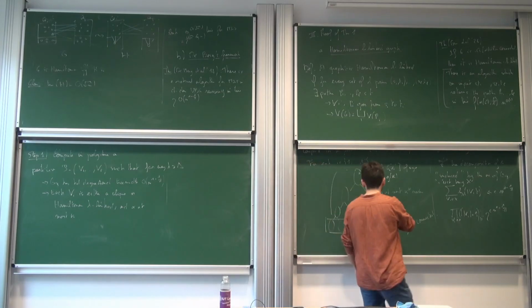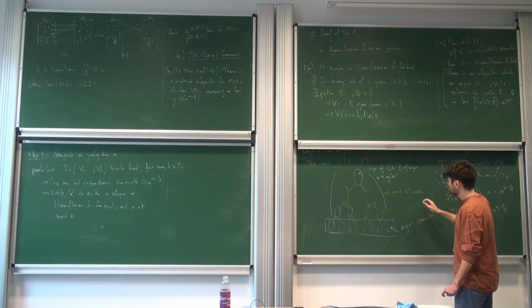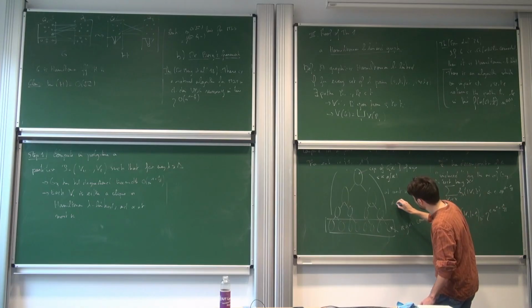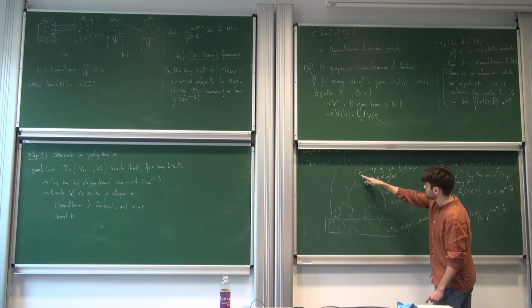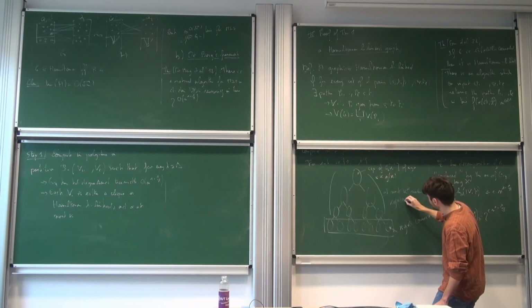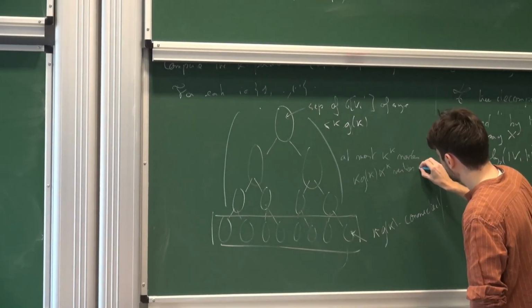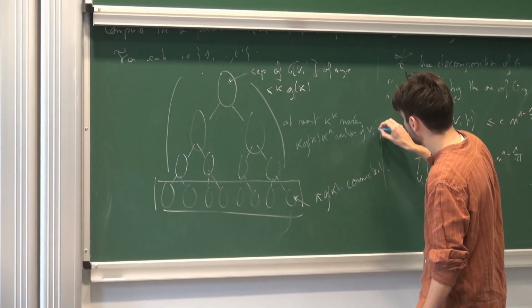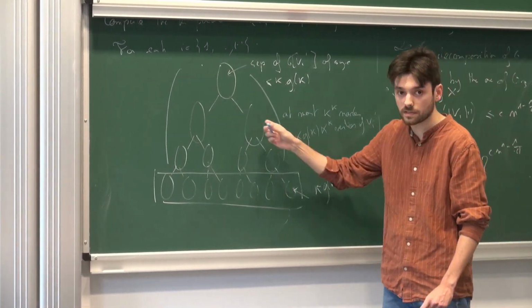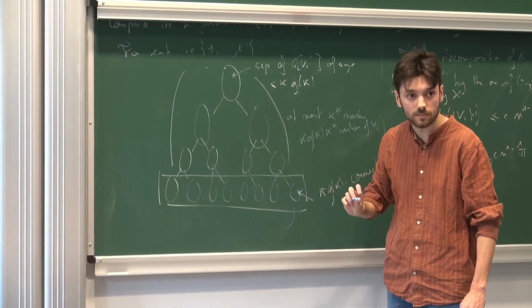And so we have at most kappa G kappa, because each has size at most kappa G kappa times kappa to the power of kappa vertices of G of V_i prime, if we take the vertices appearing inside such a separator.